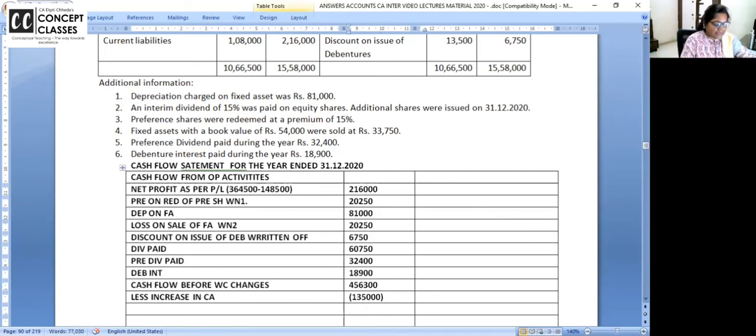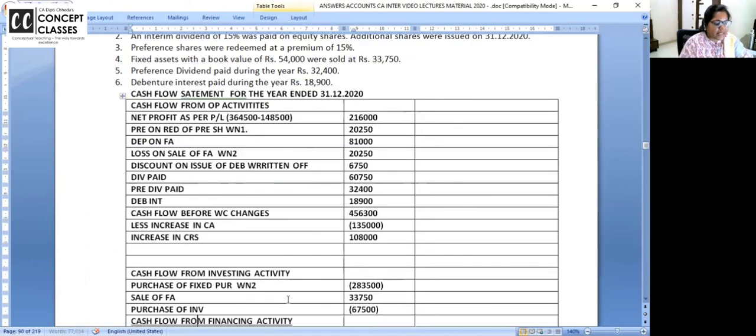Increase in liability is an inflow. How much? 1,08,000. What do I write? Increase in creditors is an inflow. That's all for working capital changes.